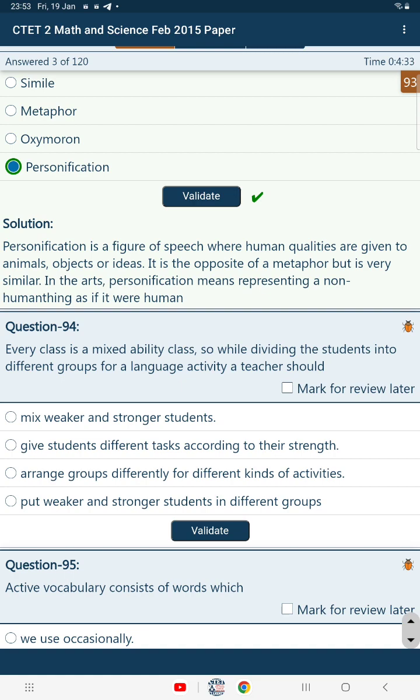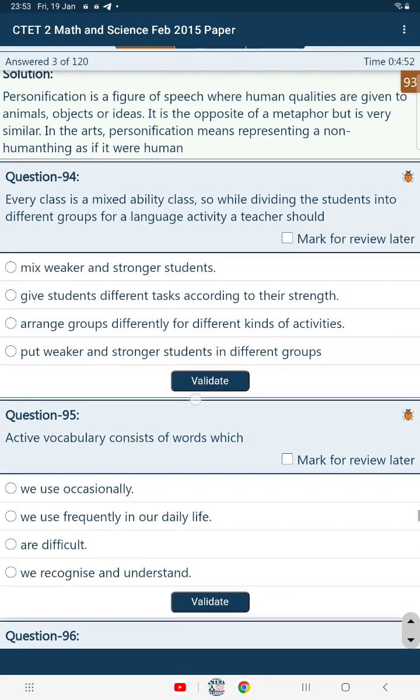Personification is the figure of speech where human qualities are given to animals, objects, or ideas. It is the opposite of metaphor, but it is very similar. Personification means representing a noun as if it were human.